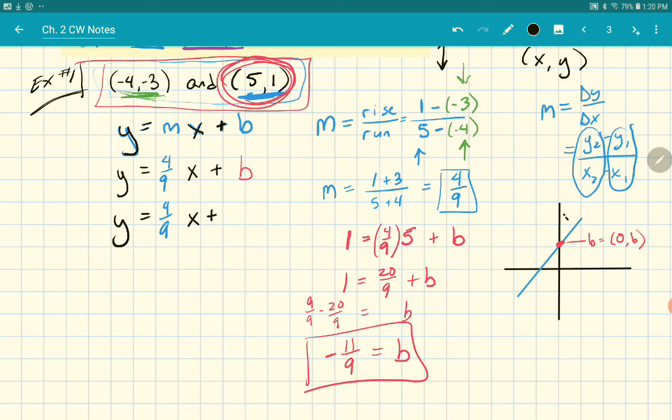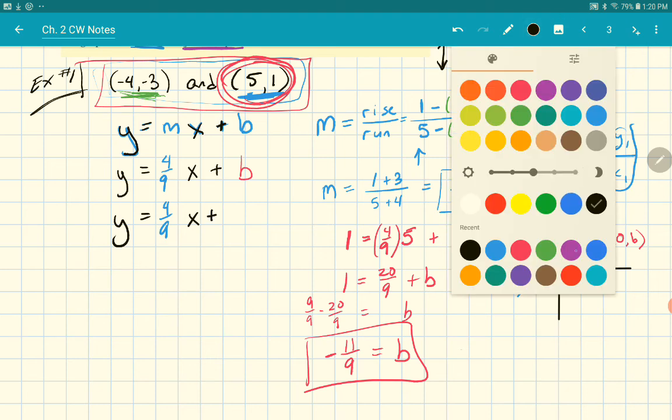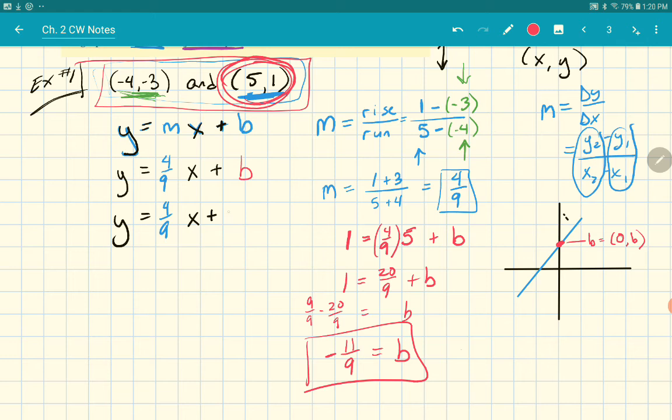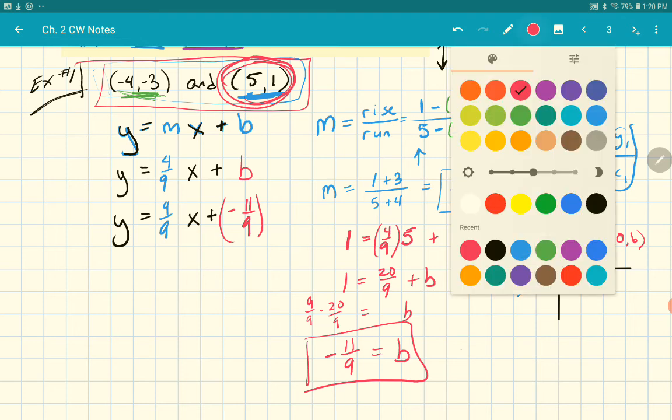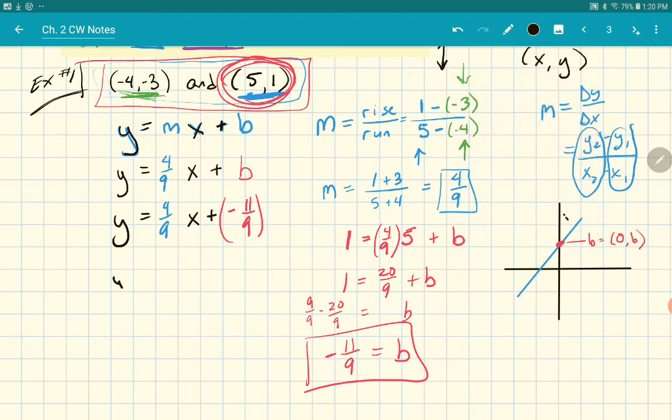I'll keep my plus sign there because I said that's part of the generic equation. So it's plus a negative, so I can simplify that to y equals 4/9 x, and plus a negative is the same as minus 11/9. You might also see this expressed like this, negative 11/9 plus 4/9 x.